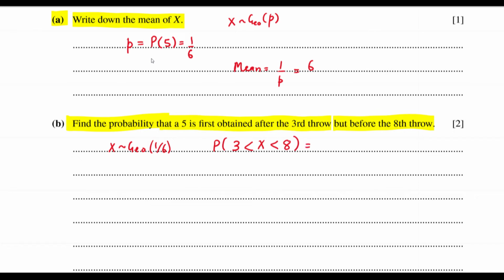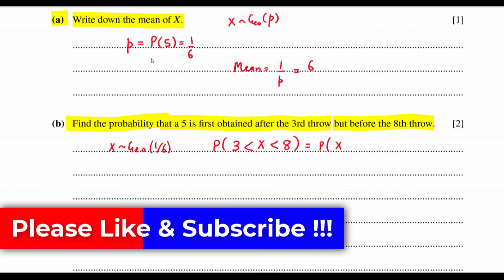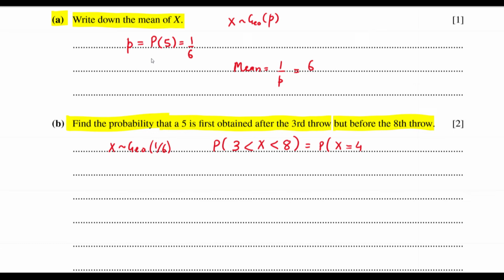It means we need to find the probability for when the number of throws to get a first 5 is either 4, 5, 6 or 7. So these are the values we can search for getting the first 5.